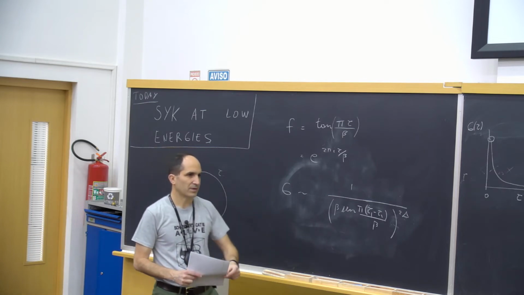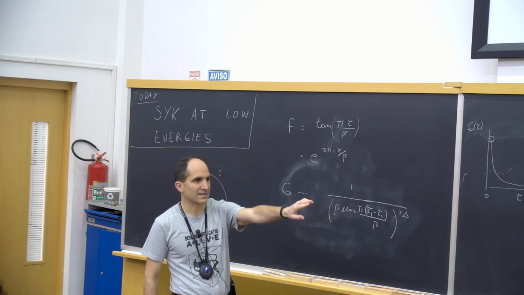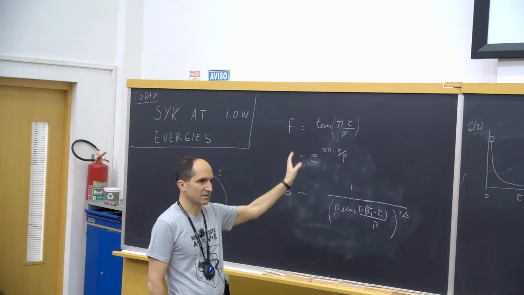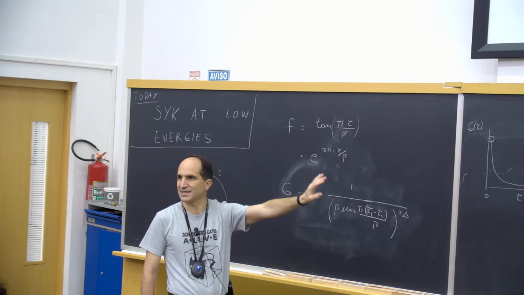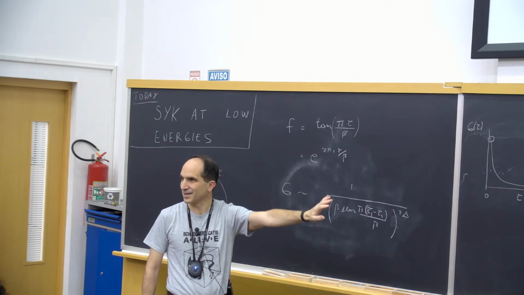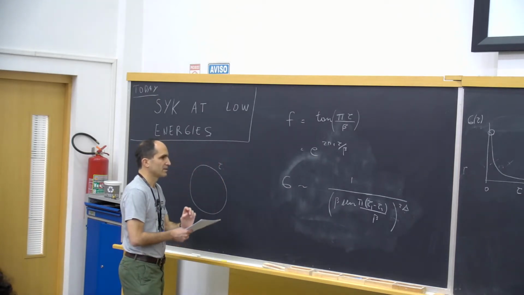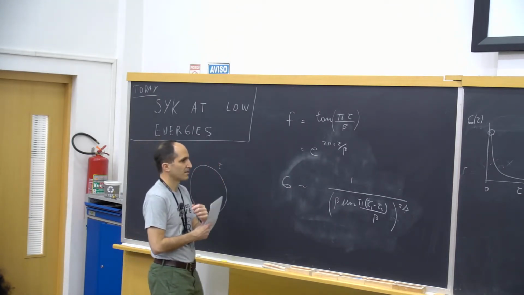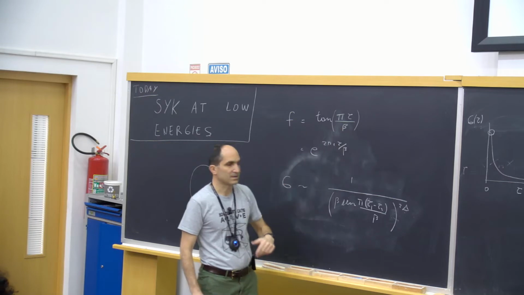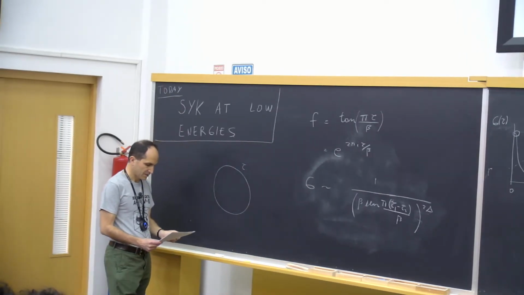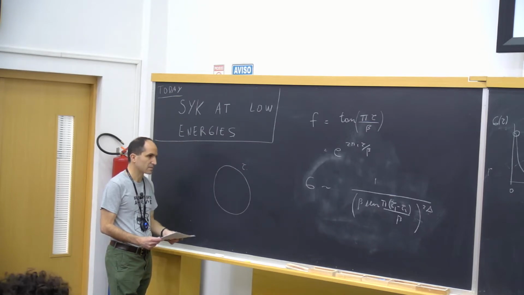But we can view it as a special case of what we are discussing over there, where given a solution, we find another solution by a reparametrization. You can view that as an application of what we discussed over there to generate a new solution. And this new solution makes sense when tau is periodic and has period beta. Okay? So this is the finite temperature solution.